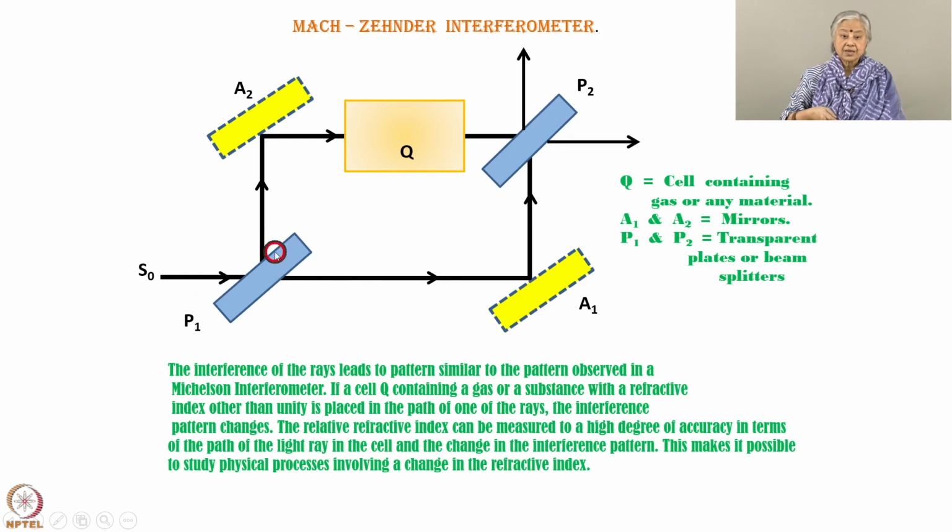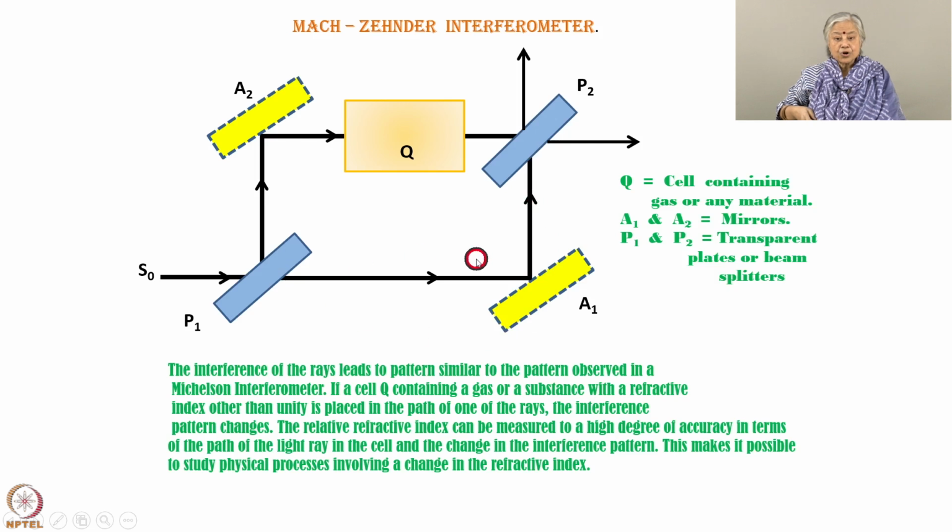So, obviously, they will give a good interference pattern, and it is a coherent light source, which is a laser. This beam gets reflected by A1 and this beam gets reflected by A2. The beam that gets reflected by A1 is here.